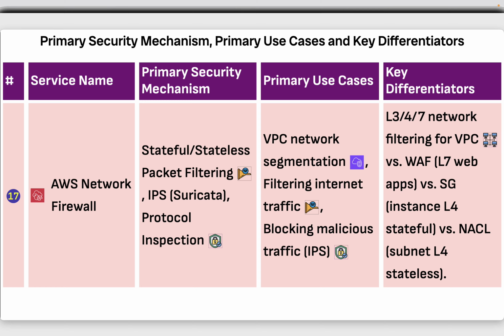Differentiators are Layer 3, Layer 4 and Layer 7 network filtering for VPC, when compared with Web Application Firewall, WAF, which is only for Layer 7 web applications, versus EC2 security groups, which is for instance Layer 4 stateful protocol only, or network access control list, which is at the subnet level and is Layer 4 stateless. Security groups is Layer 4 stateful.